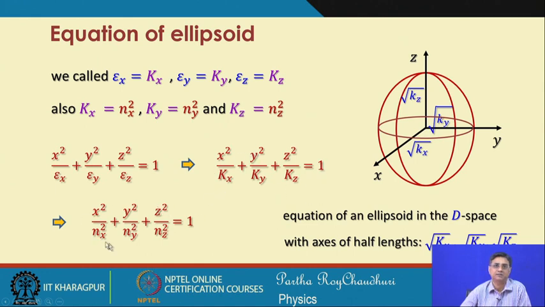In any case, if I represent this ellipsoid equation by using n x, n y and n z, then it is not the square root of k x, but only the n x that will represent the half lengths, and that will be the refractive index seen by the wave when the wave is travelling along the z direction. That individual cases we will undertake and discuss.